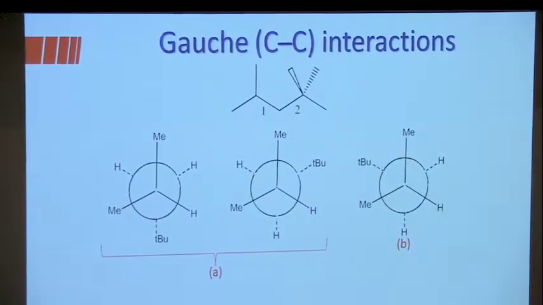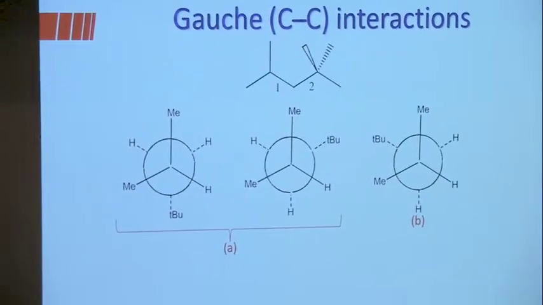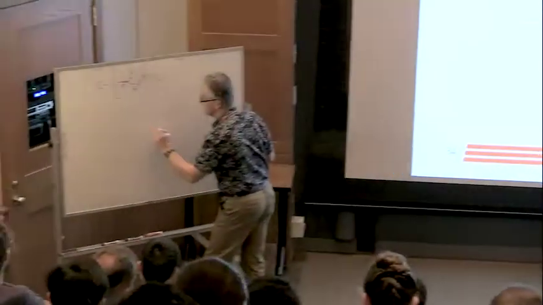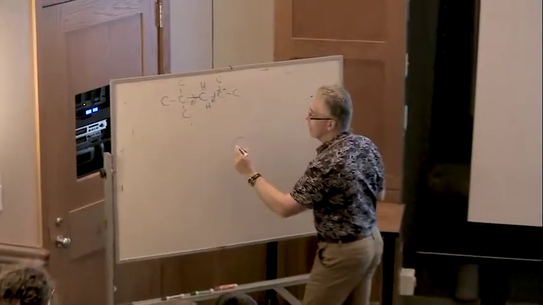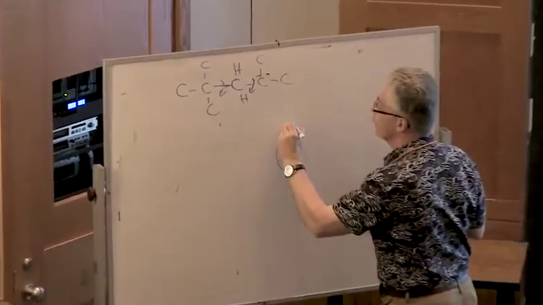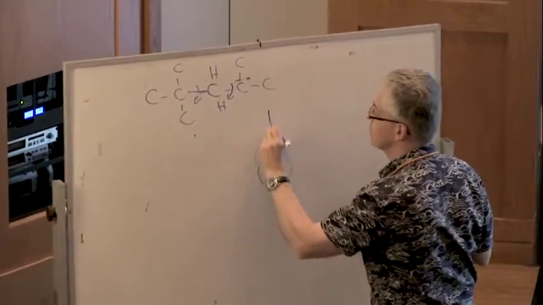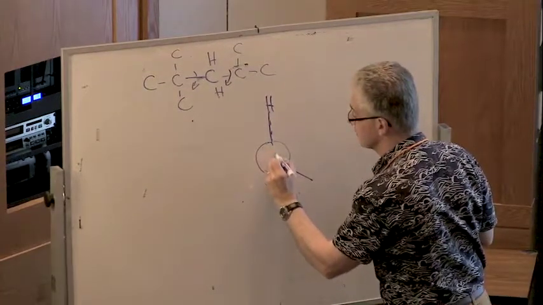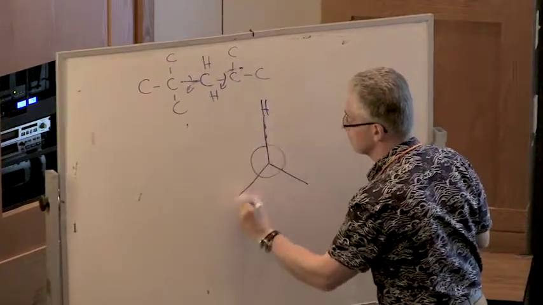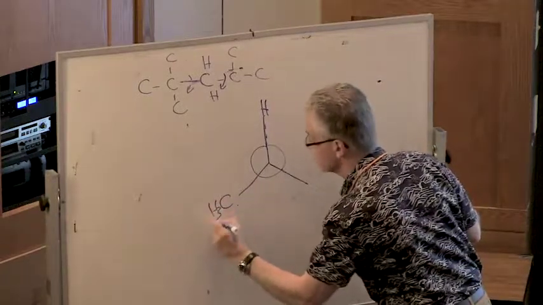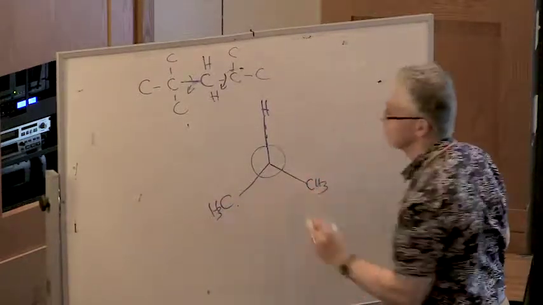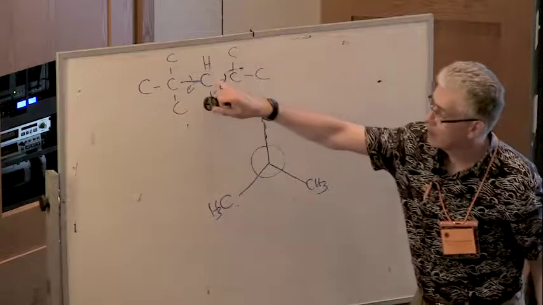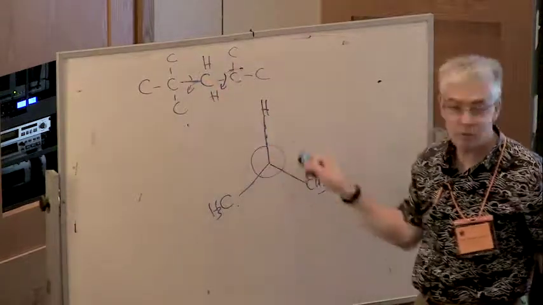Okay? So now we have this carbon and we look across this bond. So if we take this carbon, we have a hydrogen atom, and we have 2 methyls, CH3, CH3. Okay? And now this is bonded to a carbon, which is directly behind here.